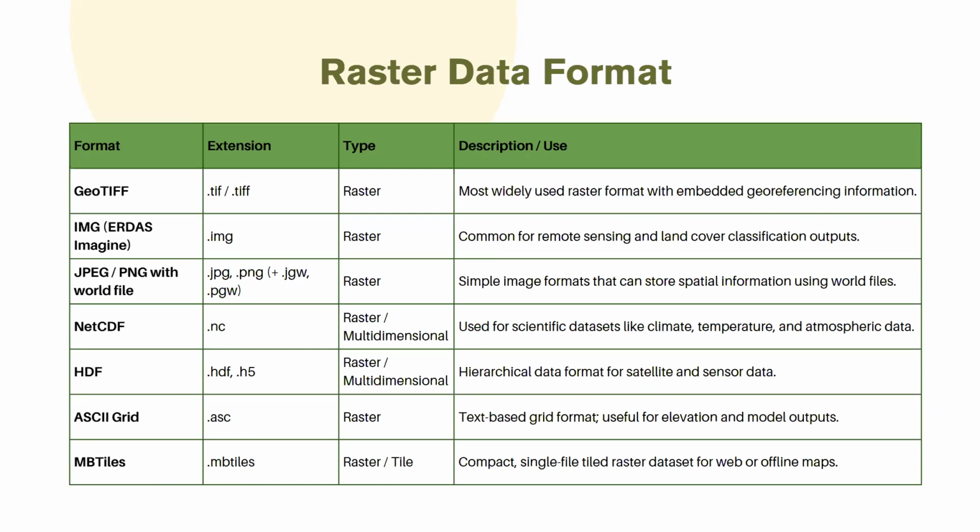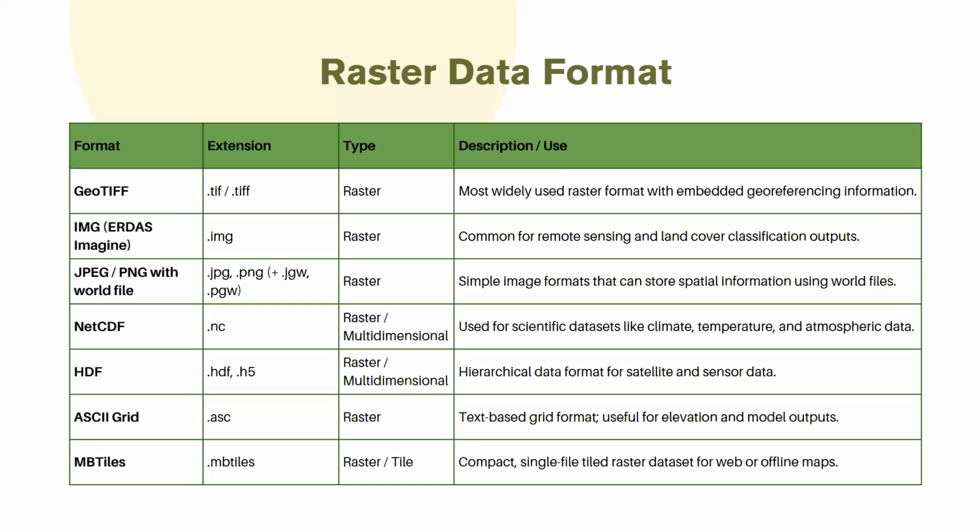ERDAS Imagine is also one of the software. This is common in remote sensing because these are raw data. Many land use and classification maps are stored in IMG format. This is also easily readable in QGIS.